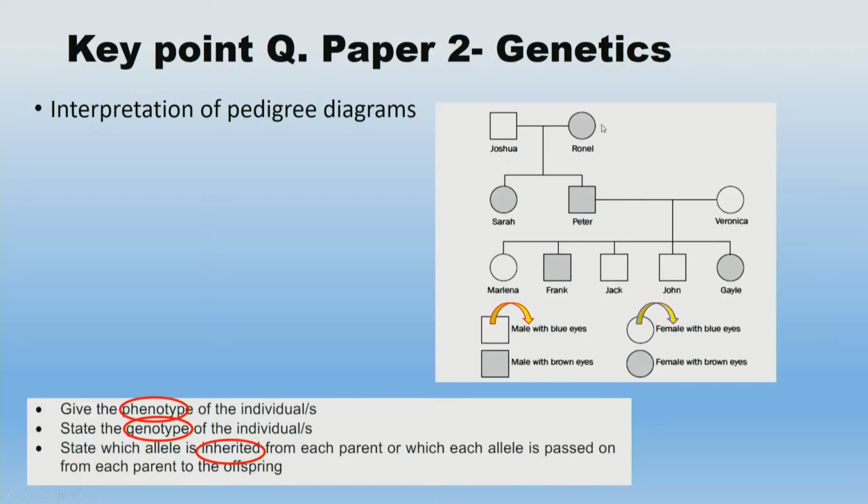When the two are different in color, this one is not colored in and this one is colored in, we see that this one is female with brown eyes. We know brown eyes is a dominant allele. So in this case, there will be one that is homozygous recessive and one is heterozygous dominant. So if you get one with a color in and not color in, then definitely one will be heterozygous dominant and the other one will be homozygous recessive.